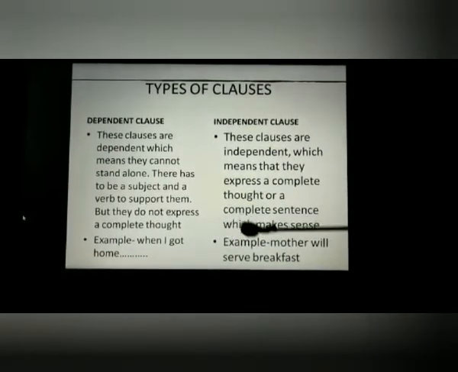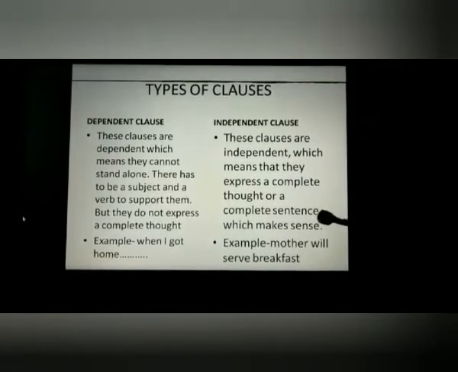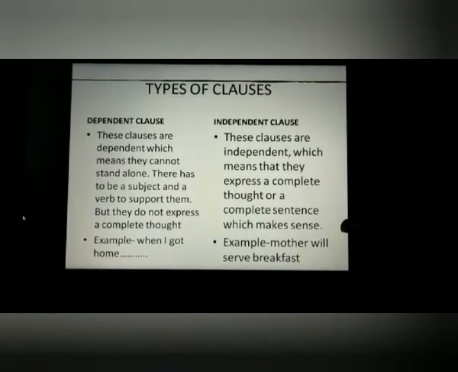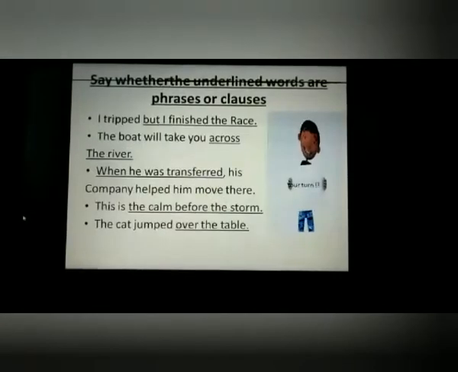For example, when I got home. Now, what are independent clauses? These clauses are independent, which means that they express a complete thought or a complete sentence, which makes sense. For example, mother will serve breakfast.